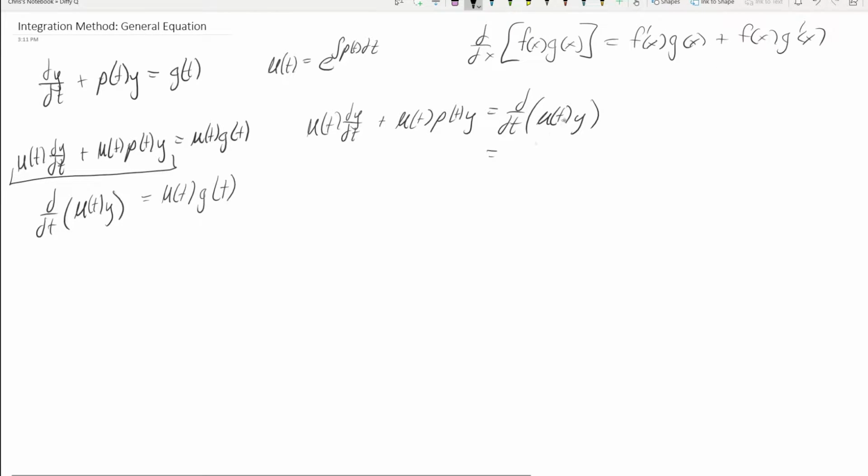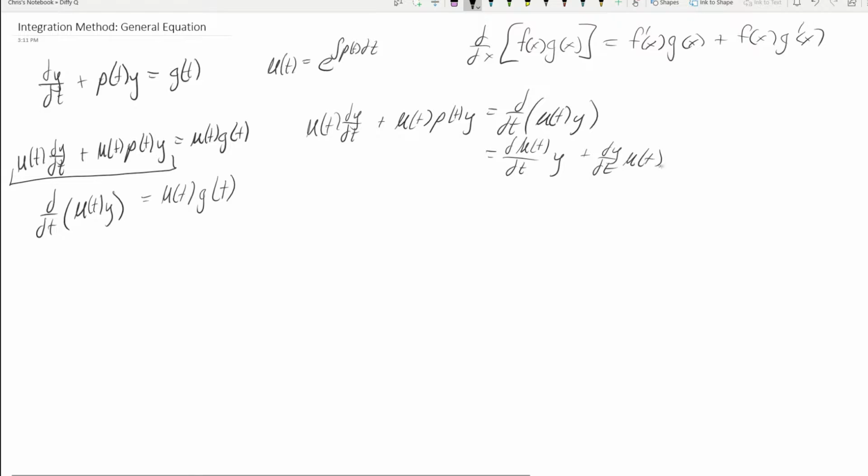So with this, you're going to get d mu(t)/dt times y plus dy/dt times mu(t) is equal to mu(t) dy/dt plus mu(t) p(t) y.